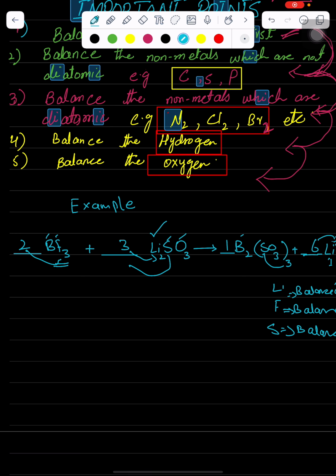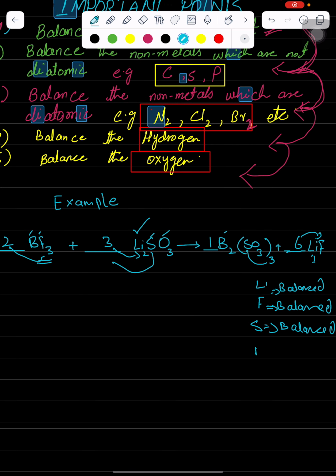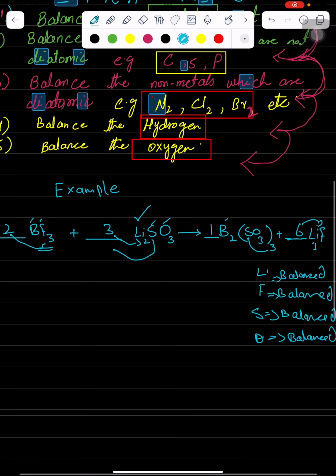We have B. Here we have 2 B, and here we have 2 B. B is also balanced. And for oxygen, here we have 3 times 3, which is 9 oxygen. Here we will have 3 into 3, 9 oxygen. Oxygen is also balanced. I hope it's clear to you how to balance the equations. Okay, thanks.